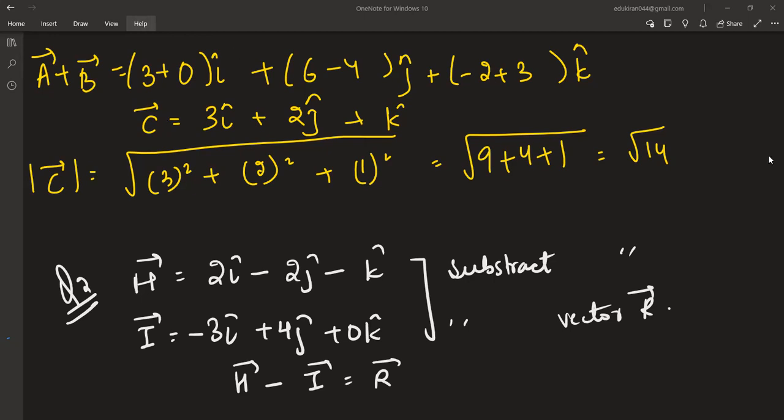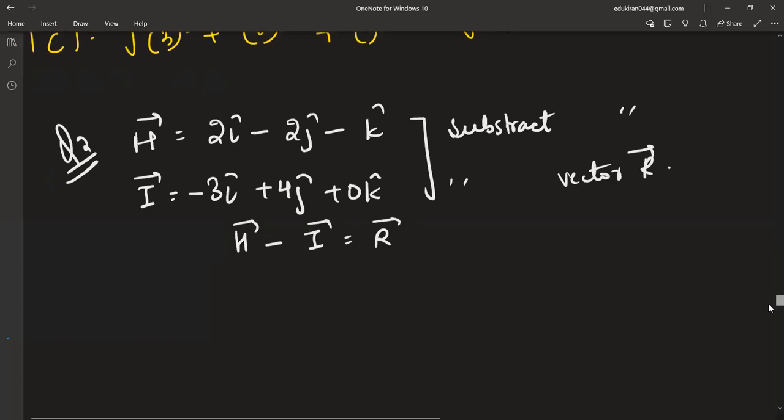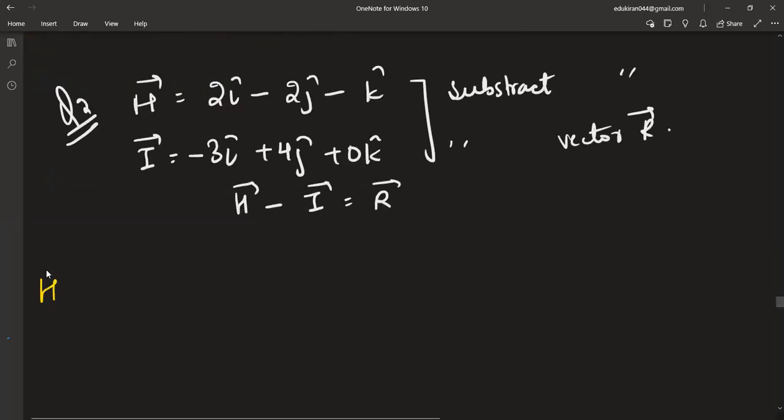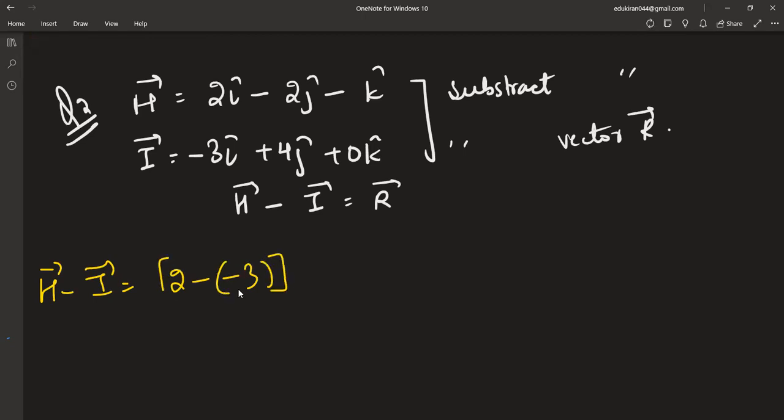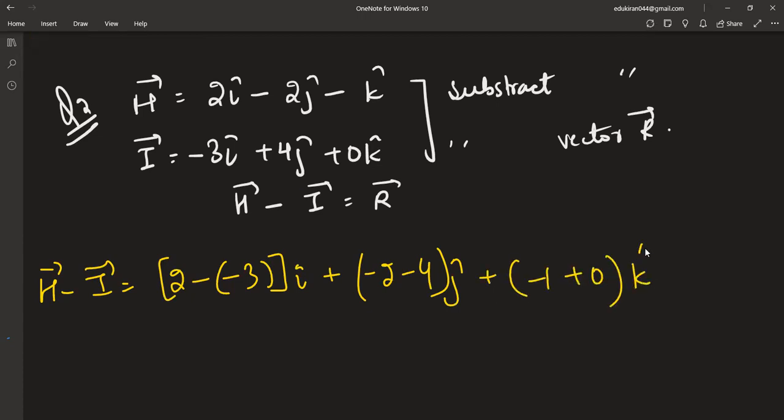See, when we are solving this, we are just subtracting both the vectors. So when we are writing h vector minus I vector gives you a resultant, you are subtracting the coefficients: 2 minus 3 I cap, plus minus 2 minus 4 j cap, plus minus 1 plus 0 k cap.